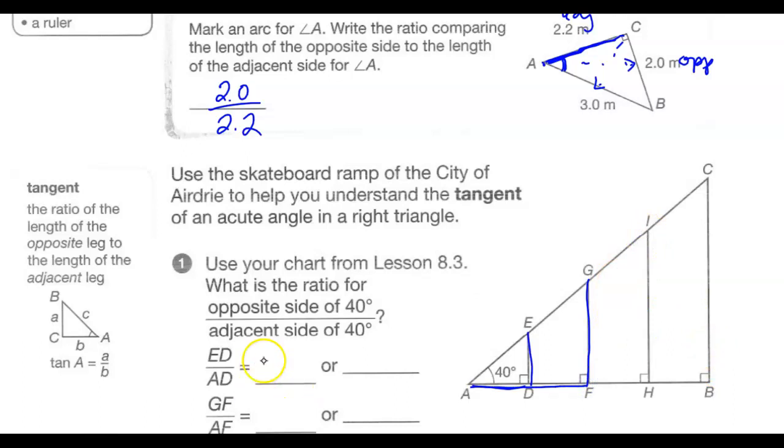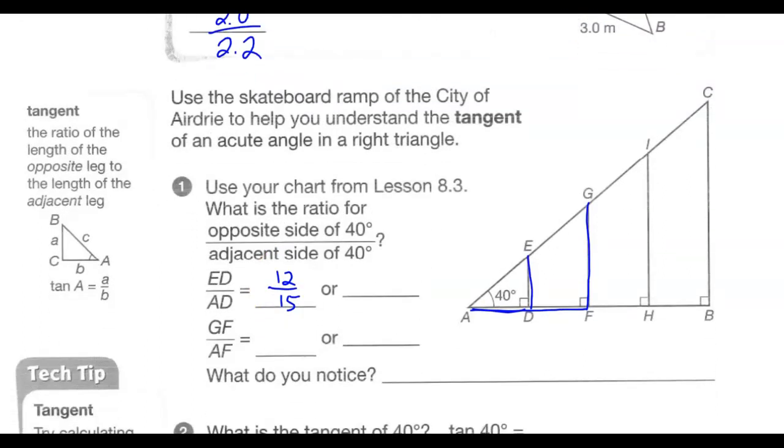So we're doing ED over AD. Flip back to your chart in section 8.3. ED is 12, AD is 15. We'll find the decimal form in a sec. GF is 25 and AF is 30.